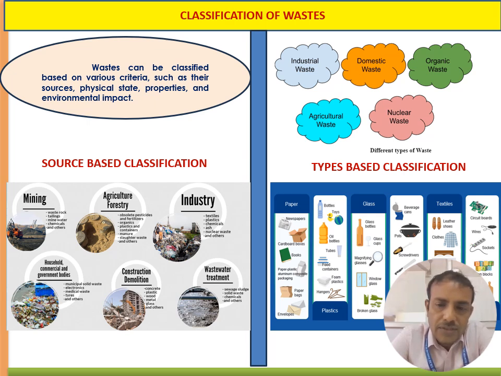If we talk about waste classification based on the physical state, we can classify them as liquid waste, solid waste, and gaseous waste. And if you are talking about waste classification based on their sources, it can be classified as residential waste, commercial waste, industrial waste, construction and demolition waste. These are the different types based on their sources.